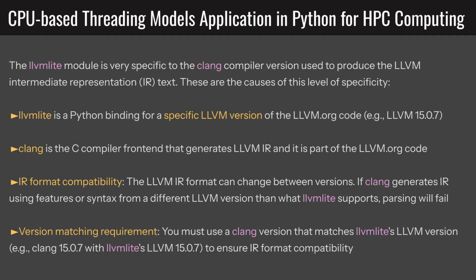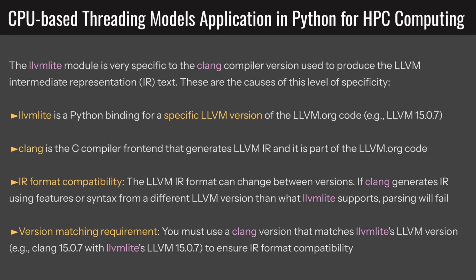The LLVM-Lite module is very specific to the Clang compiler version used to produce the LLVM intermediate representation, IR text. These are the causes of this level of specificity. LLVM-Lite is a Python binding for a specific LLVM version of the LLVM.org code. Clang is the C compiler frontend that generates LLVM IR, and it is part of the LLVM.org code.